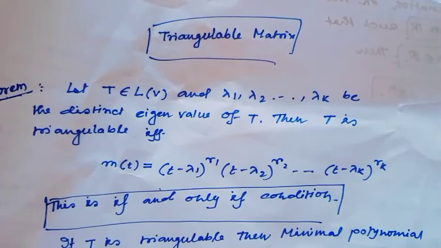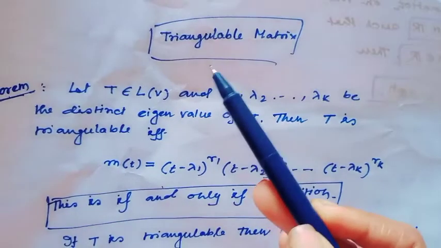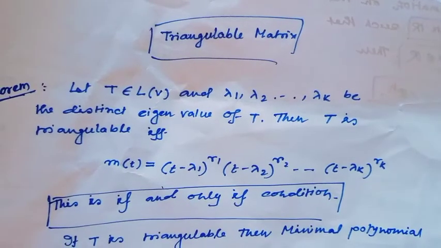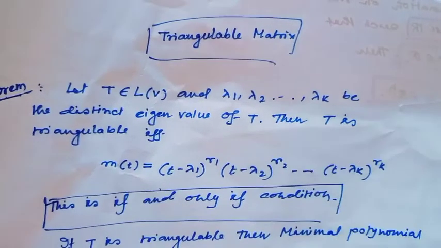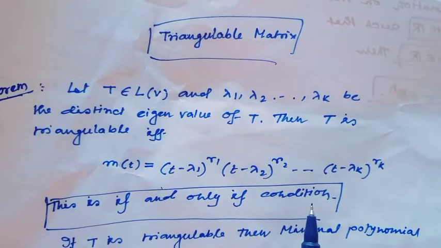I hope all my viewers have understood the difference between a triangulable matrix and a diagonalizable matrix. For diagonalizable, the same eigenvalue always has different eigenvectors, but here this is not necessary.